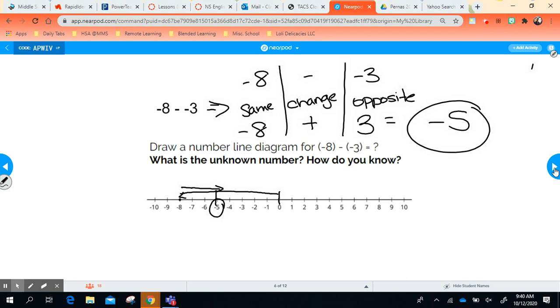Okay, so you notice that we have -8 plus 3, correct? Does it look like we're adding the two numbers together, or does it look like we're subtracting when you look at the answer? Jesus said it. So it looks like we're subtracting.